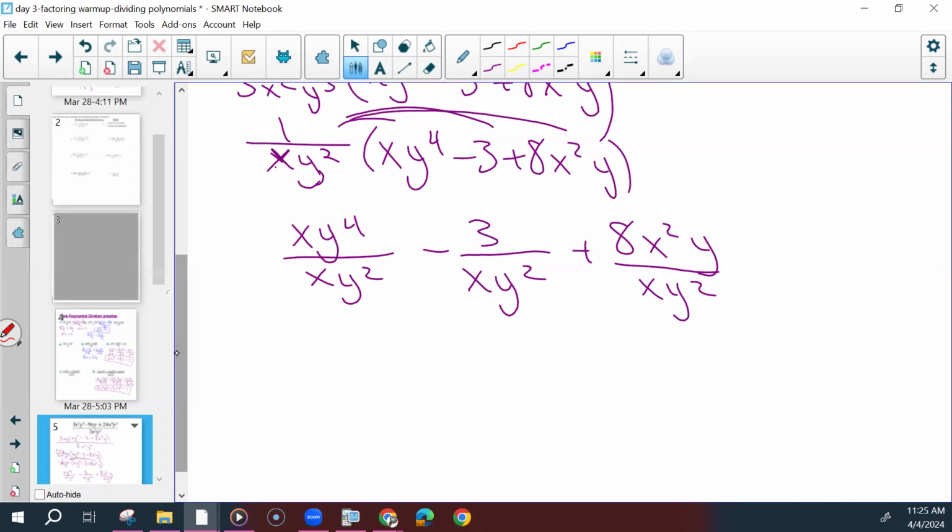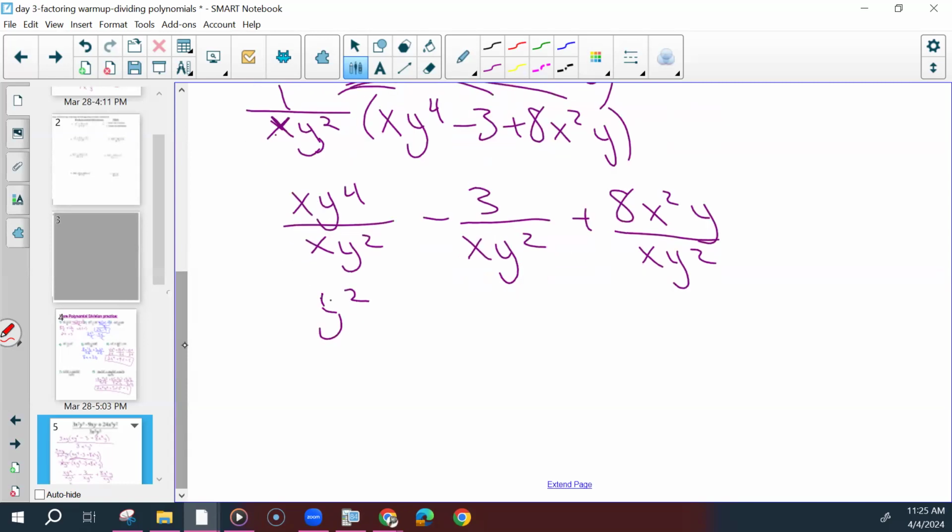Then from there, we can simplify each. What would this be? Minus. Would anything simplify here? No, I would say the same.